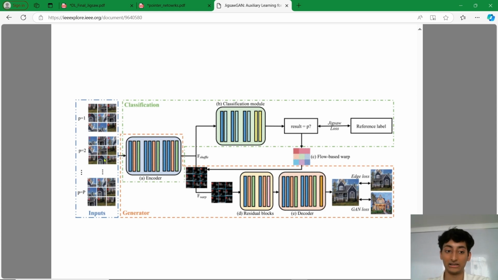So this is maximally deranged input to the model. You have such a setting where each piece is at a different location, no piece is at its own position. So this is your original input.